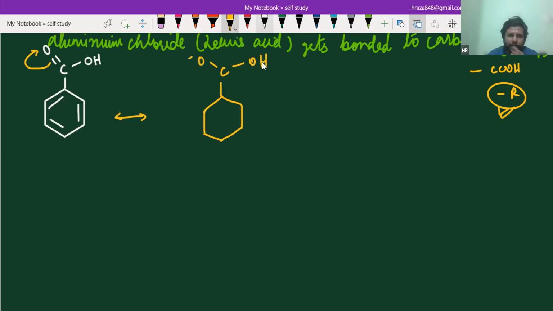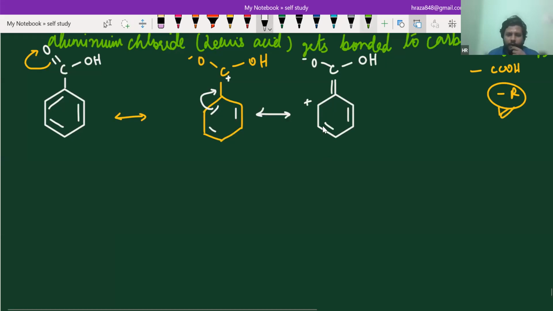And since hydrogen donated its electron, it will have a positive charge. Now this bond will be broken and move to this place. So there will be a double bond, and then C, and then this is O negative, and this is OH, and there will be a positive sign, and then a double bond. Again, you can see this will move there, this will move there, and then again.